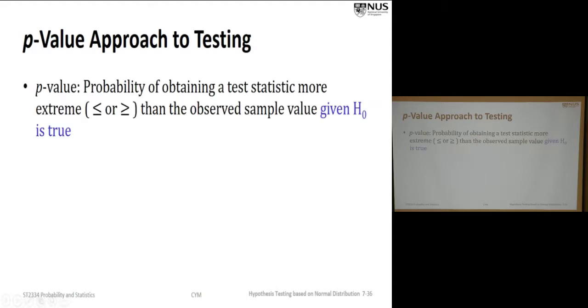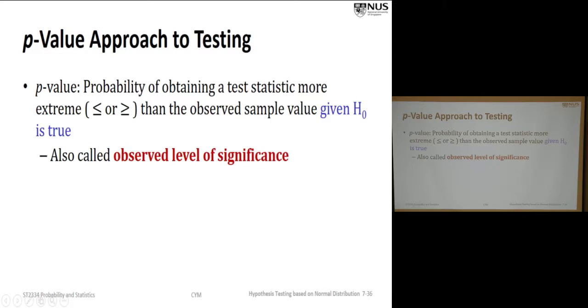Okay, here's the p-value approach that I mentioned earlier. So the p-value is sometimes referred to as the observed level of significance. If you remember, the level of significance is the probability of rejecting the null hypothesis.